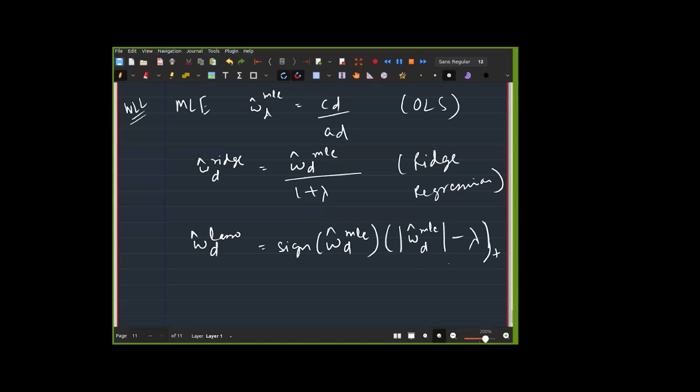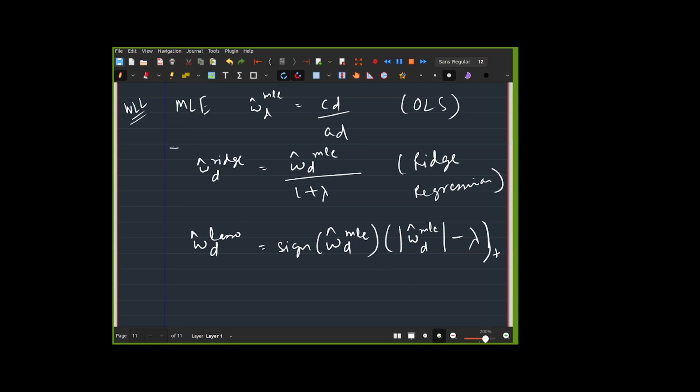This was the soft thresholding thing, right? And obviously here W_d MLE is my c_d by a_d. So basically that's how all these regularizations are changing our W_d MLE in some sense. Because you can write each one of them as a function of W_d MLE, right? So they're kind of connected in some sense.